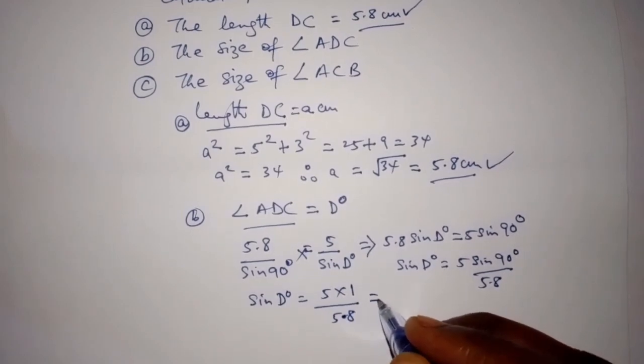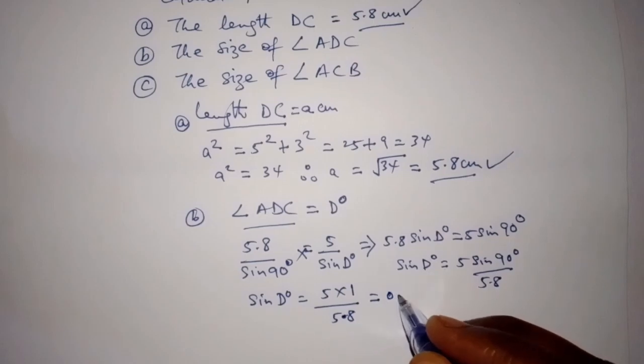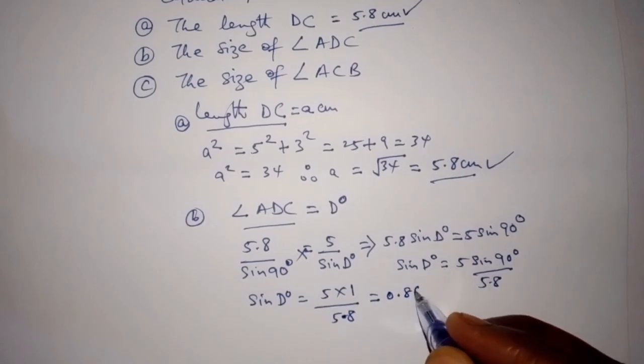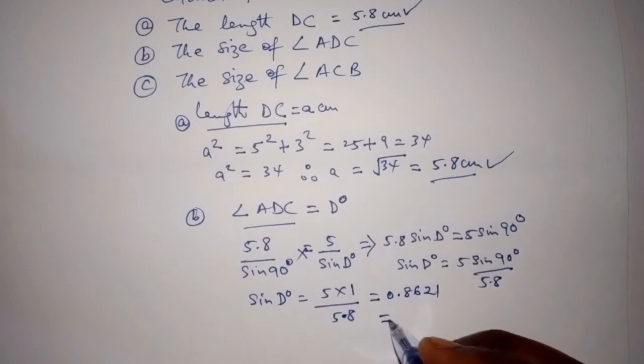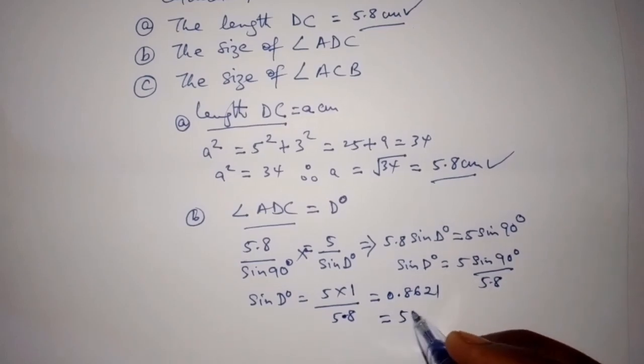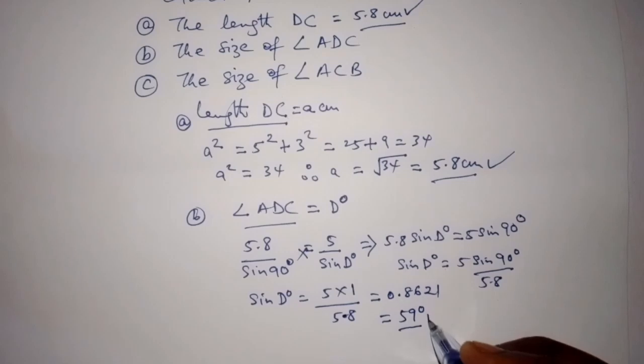which is equal to 0.8621, and this is giving us 59 degrees.